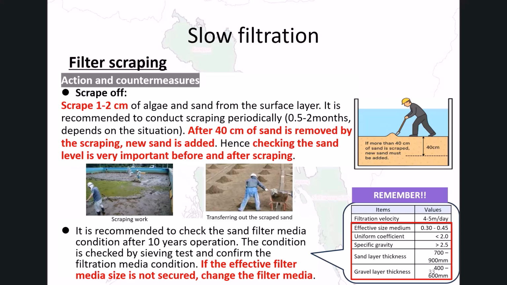It is also recommended to check the condition of the filter media after about 10 years of operation. A sieve test can confirm whether the sand still meets the design requirements. If the effective size and uniformity no longer satisfy the criteria, the sand media should be replaced.